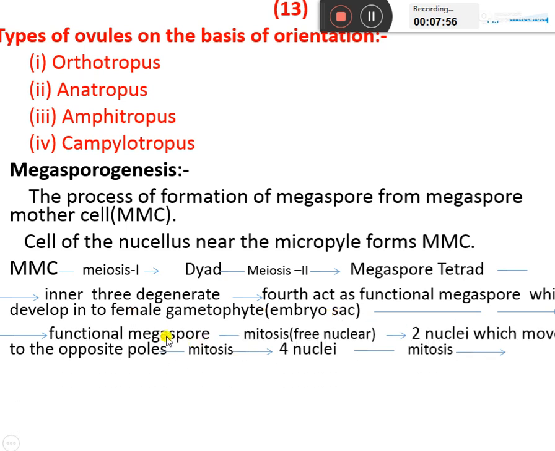The functional megaspore undergoes mitosis, and this mitosis is of the free nuclear type. That is, after each cell division, the cell wall formation does not take place. So the nuclei remain floating in the cytoplasm.